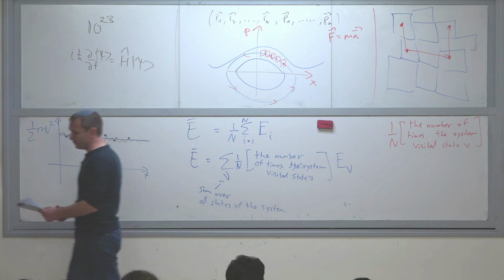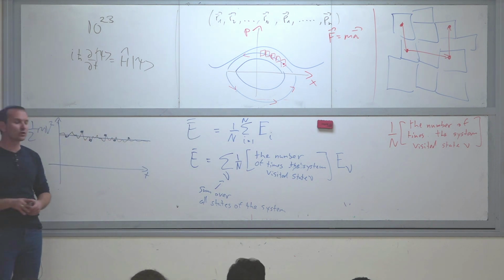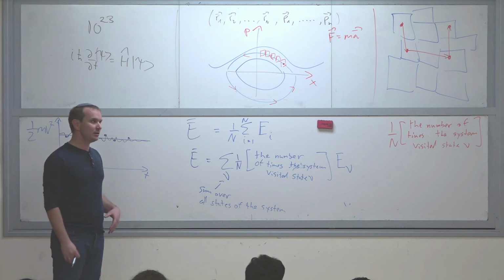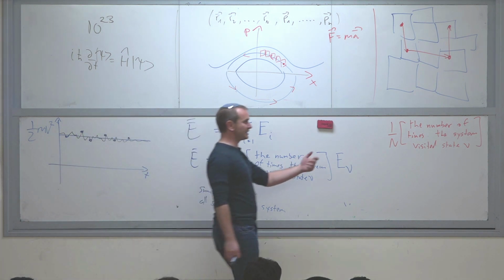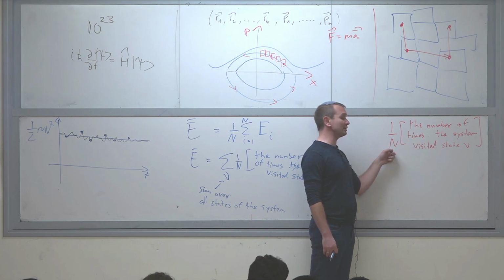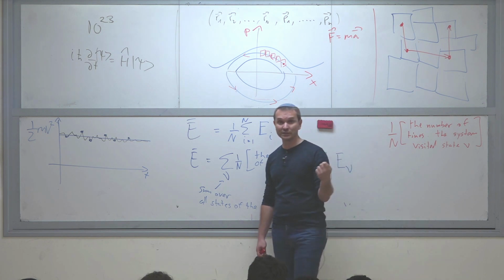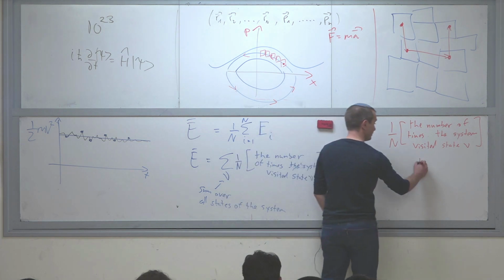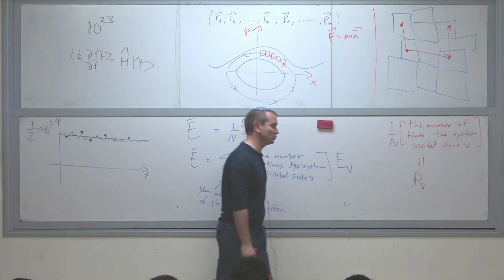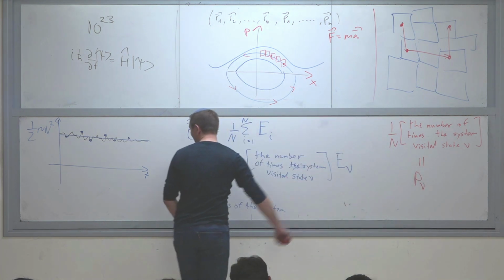So let's assume that I'm doing this experiment for extremely long times. Very, very long times. The number of times that I visited state ni, divided by the total number of observations, I call it P ni. There is some sort of an assumption over here. What is P ni?